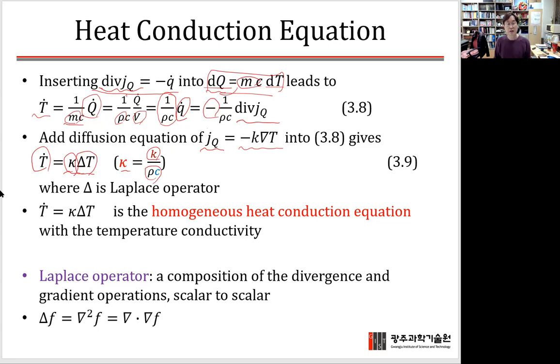So here delta is the Laplace operator. So T dot is kappa delta T. And this is the homogeneous heat conduction equation with the temperature conductivity, which is shown here as kappa.